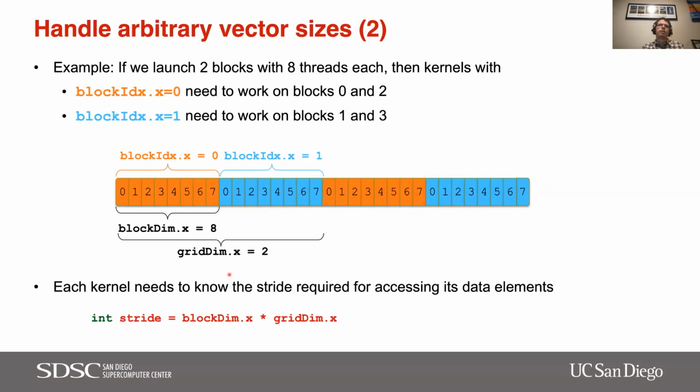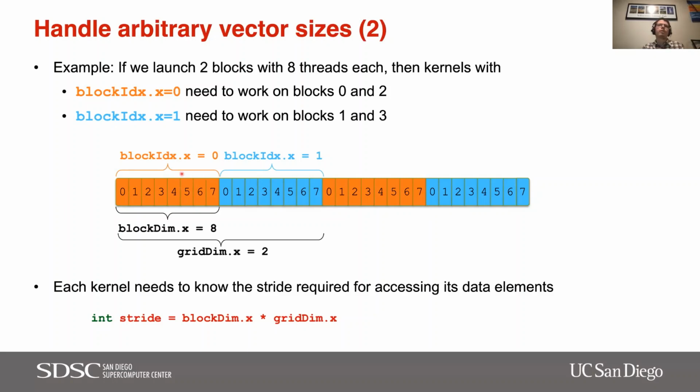I don't think we need to go into a lot of detail, but this is the example where I have 32 data elements, but instead of using 4 blocks, I only launch 2 blocks, the orange one and the blue one, blocks 0 and 1.